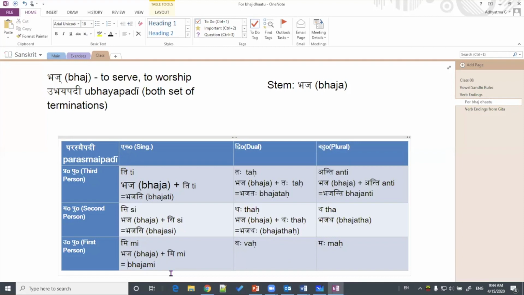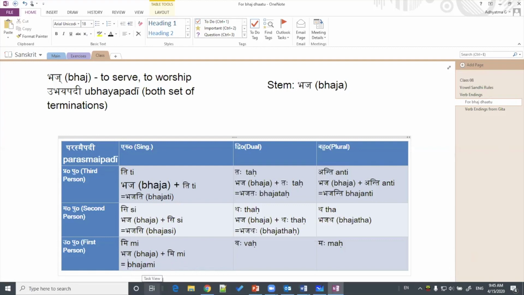there are many rules, exceptions to the rules, and exceptions to those exceptions which Panini mentions, which are applied when we derive these forms. So the questions would naturally come, and I just want to tell you that there are certain rules. It's not that we are making a mistake here. There are certain rules because of which it becomes bhajāmi, not bhajami.